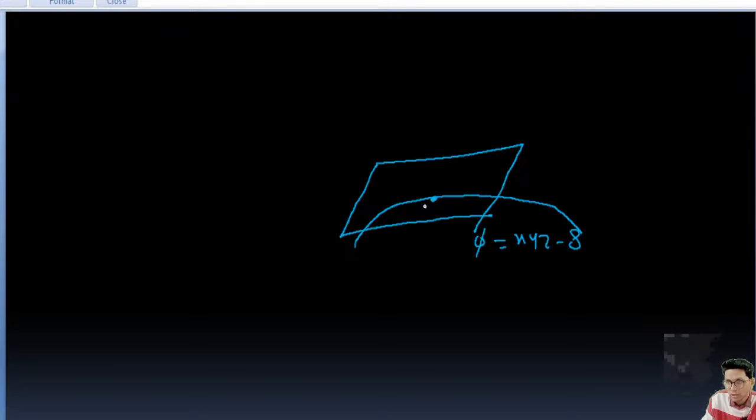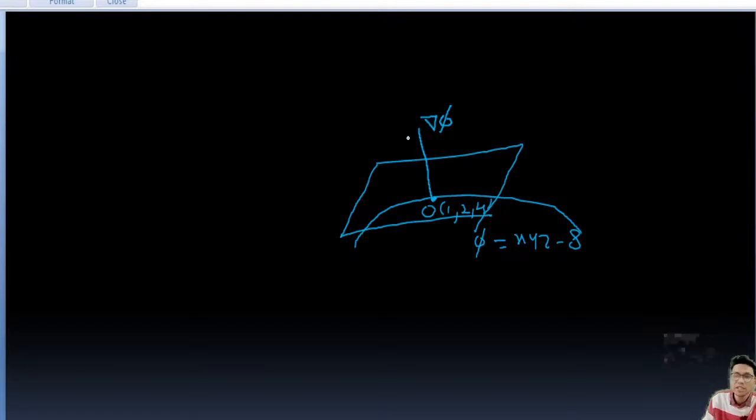The point is O, and its values are 1, 2 and 4. This is the normal, and this is called gradient phi.